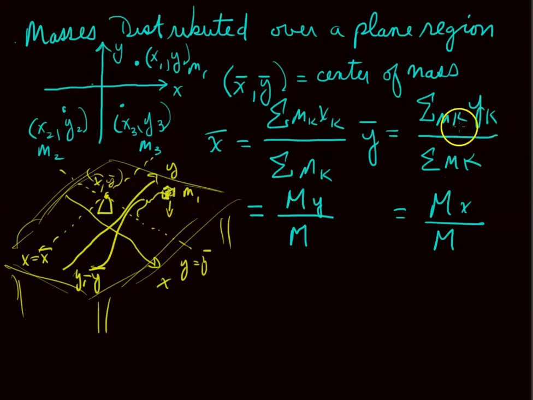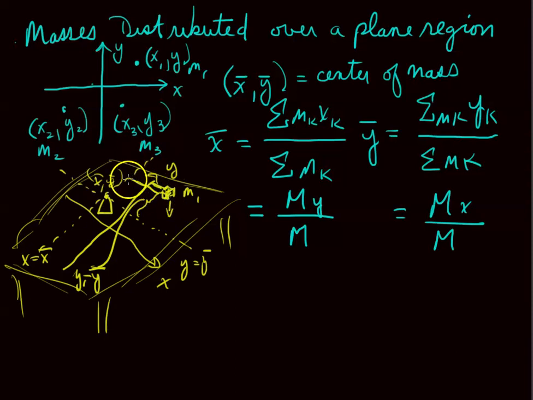So with this y sub k, you're using the y minus y bar idea, which means it's the moment about the x-axis. And the x, which is this value, minus the x bar gives you this distance.